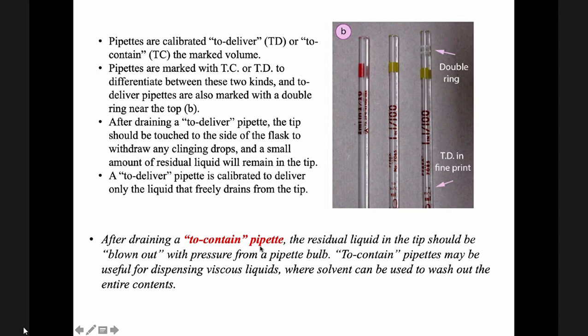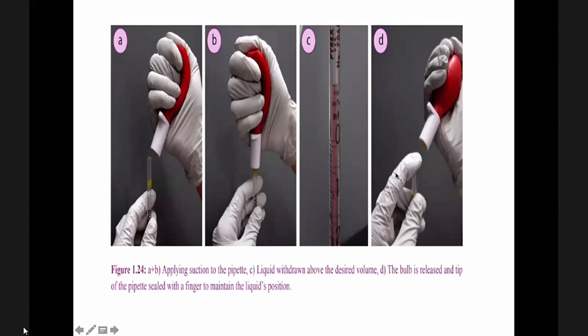Kagina yung class ang volumetric pipette is to deliver. Diba? Ato lang daw may bulb sa tunga. It's to deliver. This one, ang mga serological pipette or Mohr pipette is to contain. No? After draining, to contain pipette, the residual liquid on the tip should be blown out with pressure from a pipette valve.